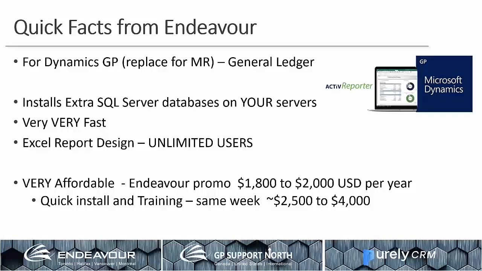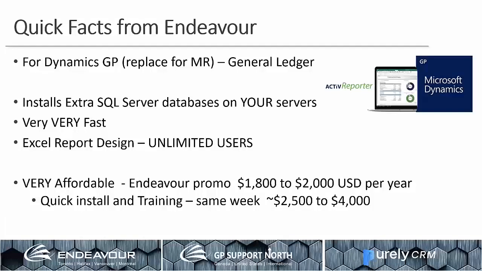So you don't need extra software. And it does its periodic updates between those two, your production server running GP and the little extra SQL server beside it. So the reporting and those analytics are real quick, and that's how I can just pull in that information when you're designing. There are unlimited users, which is nice.